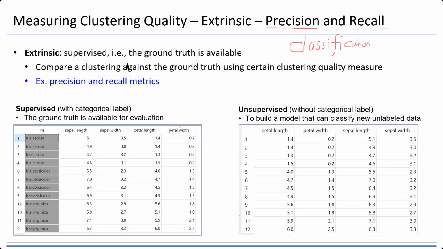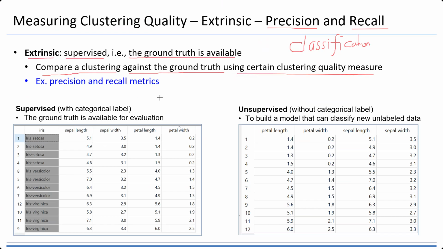And for the extrinsic or supervised case, when the ground truth is available, we want to compare a clustering against the ground truth using certain clustering quality measures.